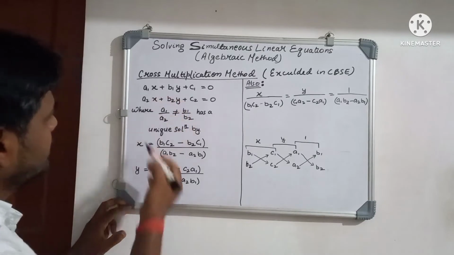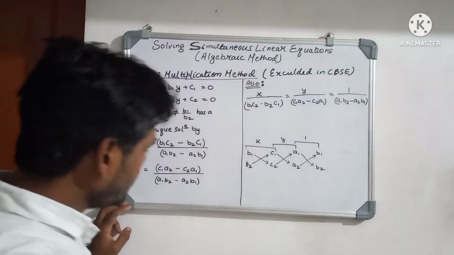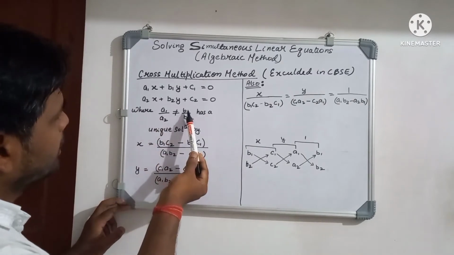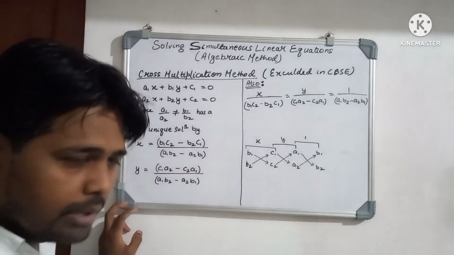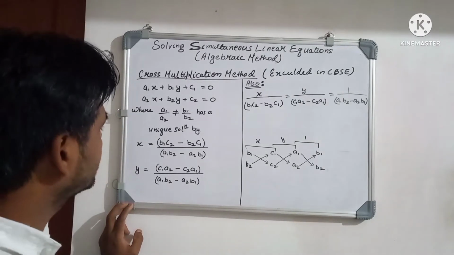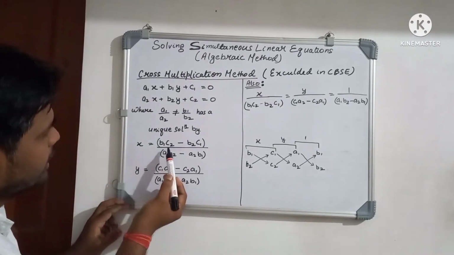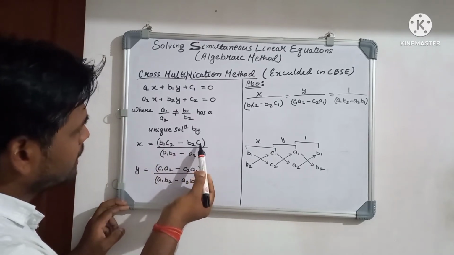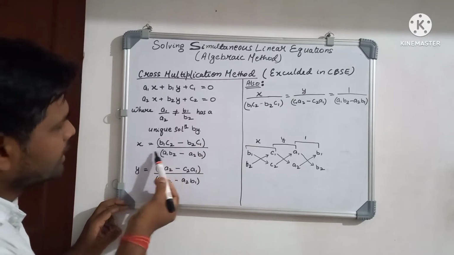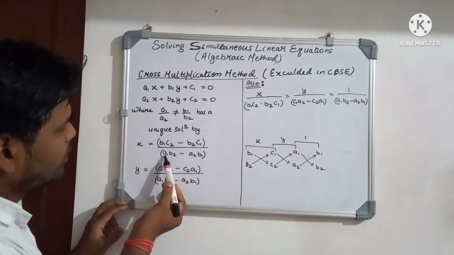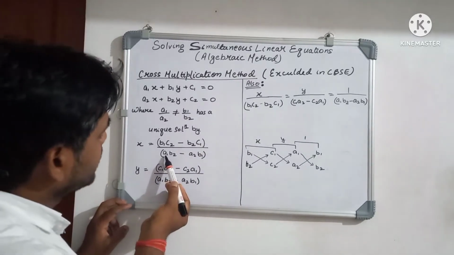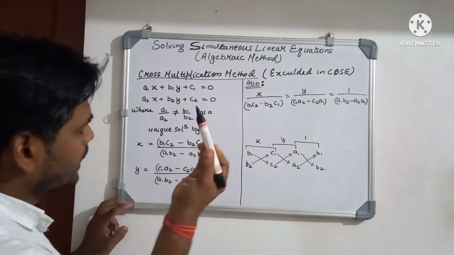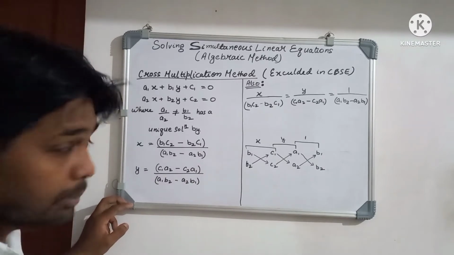Now here we can see that if a1 upon a2 is not equal to b1 upon b2, the system will have a unique solution, where x can be written as b1 multiplied by c2 minus b2 multiplied by c1, divided by a1 multiplied by b2 minus a2 multiplied by b1.